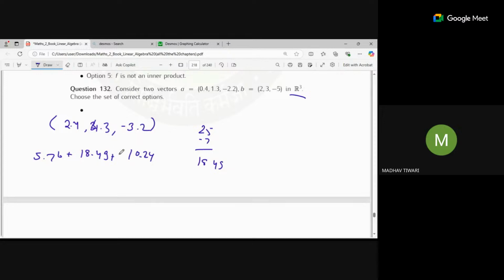If you add all these parts, you get roughly 34.5. So we are finding the norm.